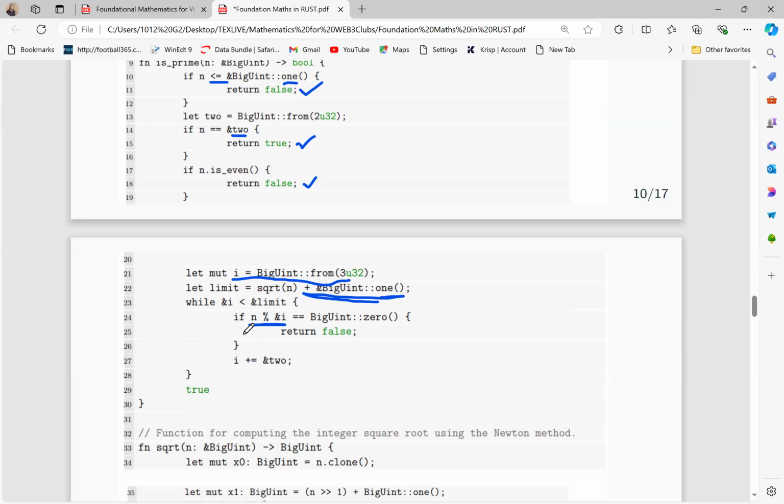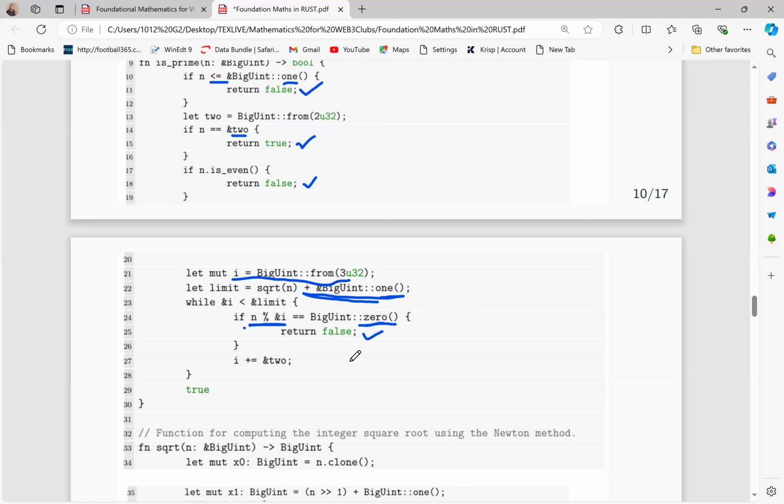Now it's going to the multiples of 3. So if any number n divided by i gives you a result of 0, it means that number you mark false. It's not a prime number.